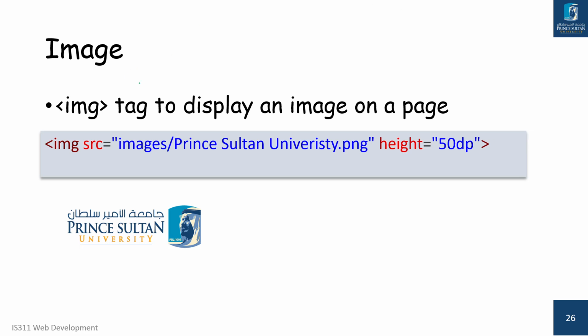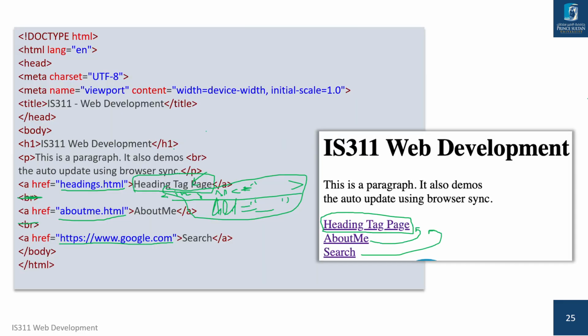So the next tag that we want to study is the image img, and we want to show some image on the page. Just like for the a tag we must specify the href, and if we don't specify the href, the contents of the a element will appear as normal text on the page and are not clickable.